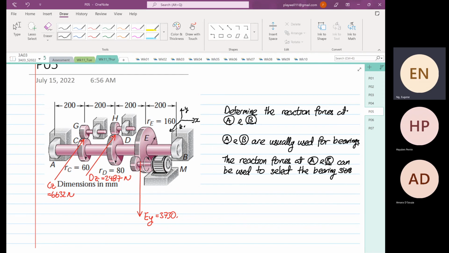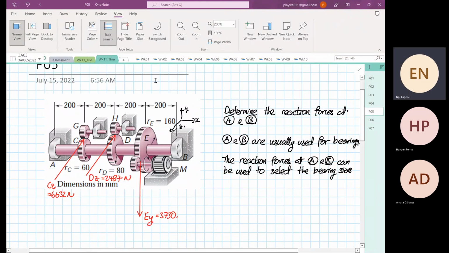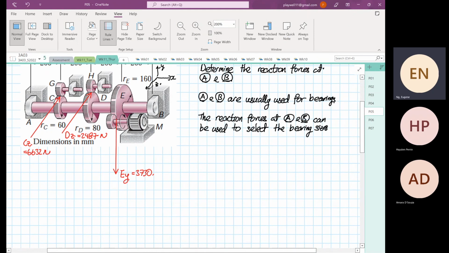To do this, you have to again view this in 2D, like what I taught you before in compound loading.